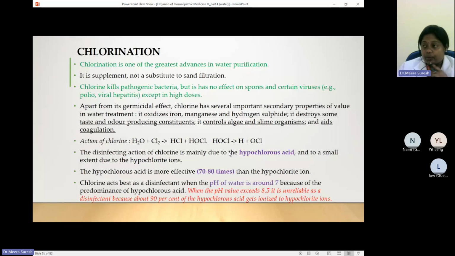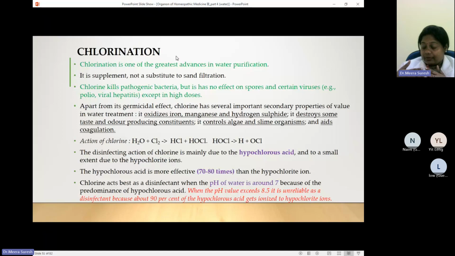If the water is much more alkaline, like 8.5, then most of the hypochlorous acid that is formed will be converted to hypochlorite ion, which is not effective in disinfecting water. So when we do chlorination, we shouldn't blindly go and put chlorine in any water body, although we already saw it is the best method of disinfecting water.